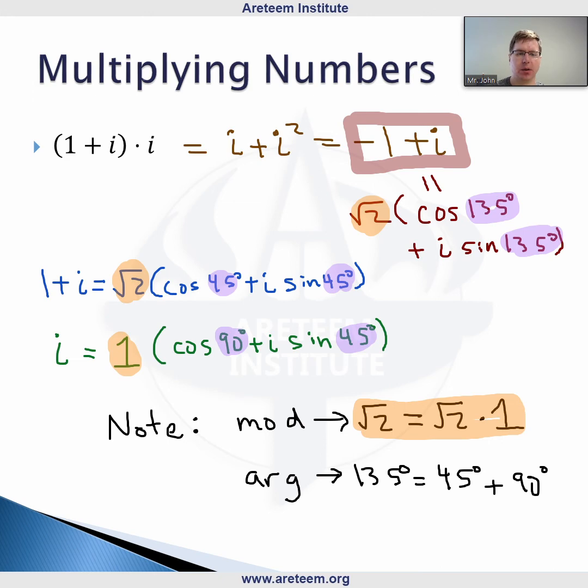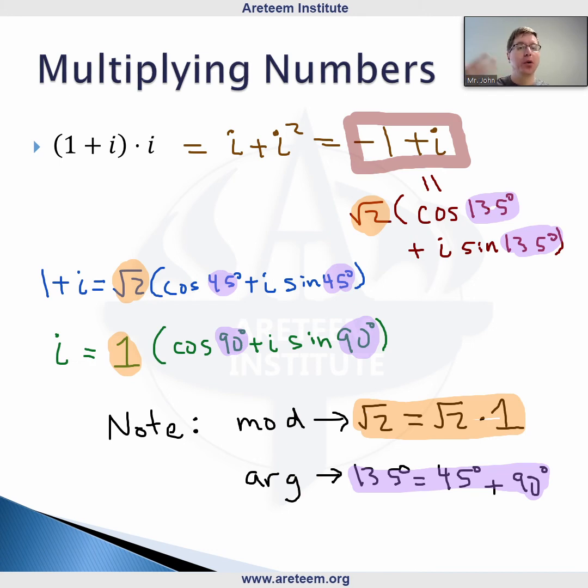And whoops, we have a sine of 45 degrees. That should be a 90 there. So let's just fix that quick. And good for all of you noticing that in the video. Want to keep you guys on your toes every once in a while, whether intentional or not. But it's good to always follow along that way too. So we have 135 is 45 plus 90 in that case.